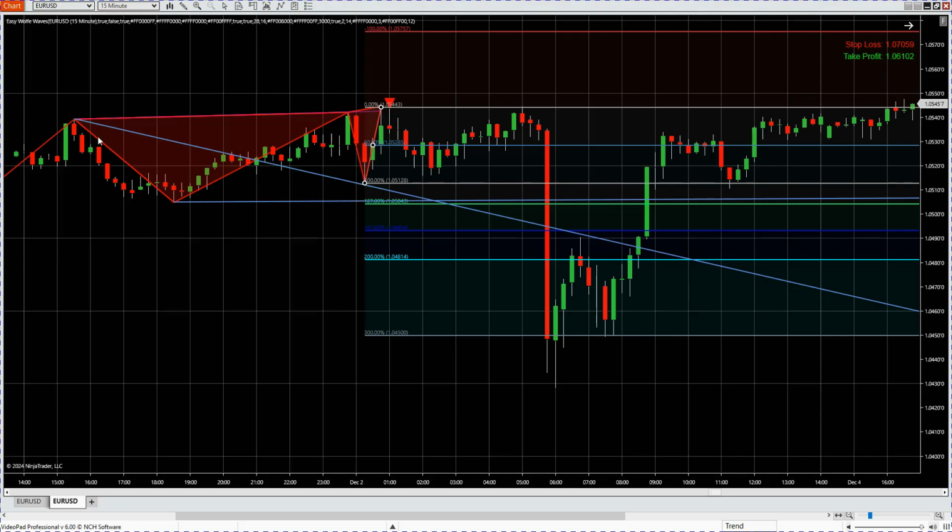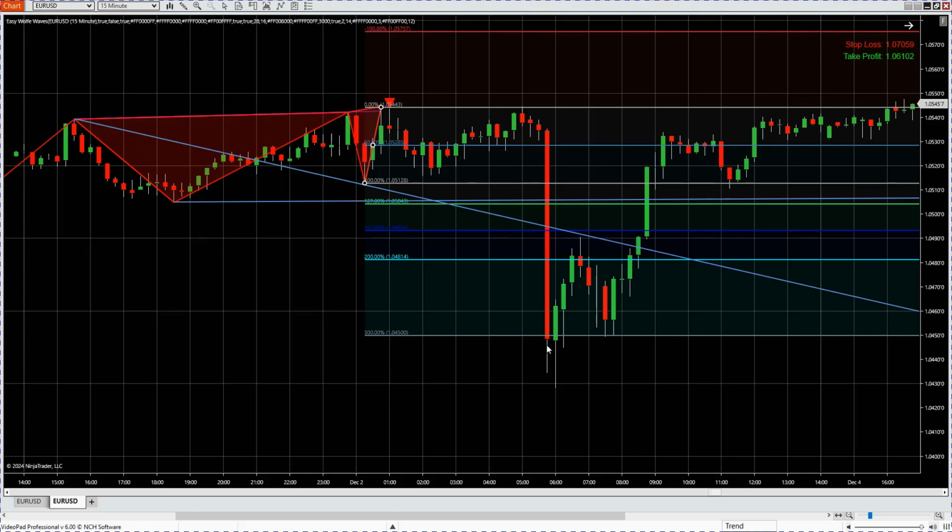The second point being from this low here is very close to the 127 line here, okay? And then the third point here that originates from the angle line here is very close to the 161 line here, okay? And then we have the other 2 points at the 200% and the 300% points here.